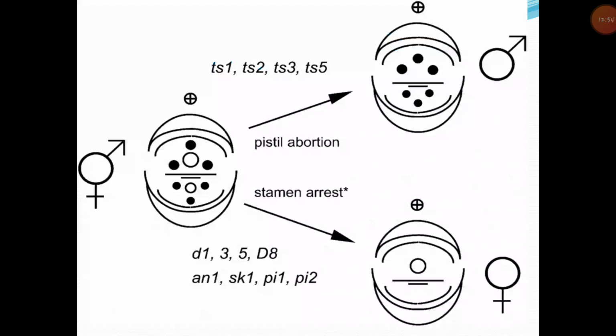Here we can see this mechanism: in bisexual plants pistil abortion takes place, then stamens get arrested, and here we can see D1, 3, 5, D8, then here AN1, SK1, P1, P2.